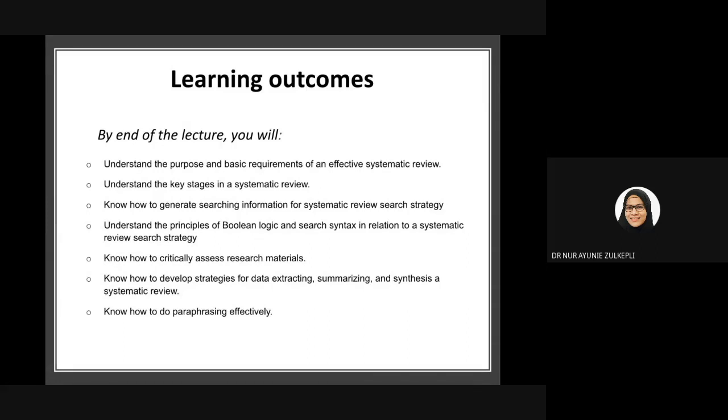And you know how to critically assess research material. You learned before about the critical appraisal, and you're going to apply it again today. And you will know how to develop strategies for data extracting, summarizing, and synthesis of systematic review. And lastly, you will know how to do paraphrasing effectively for your SLR.